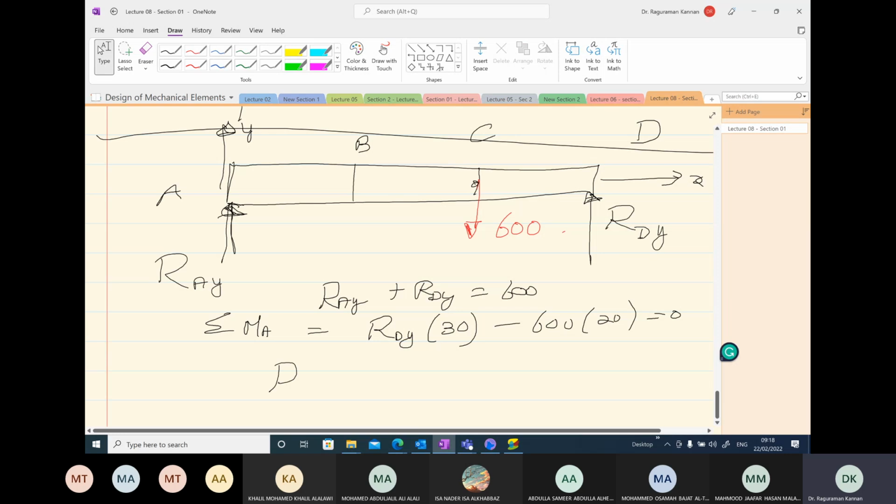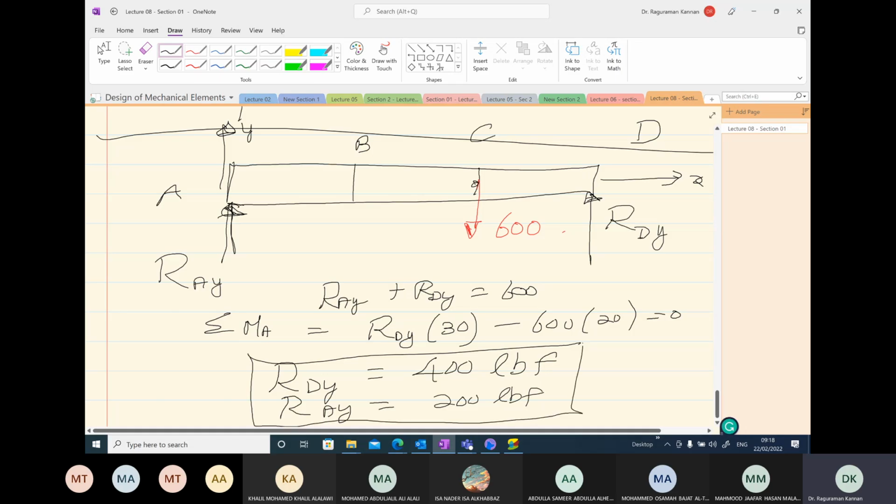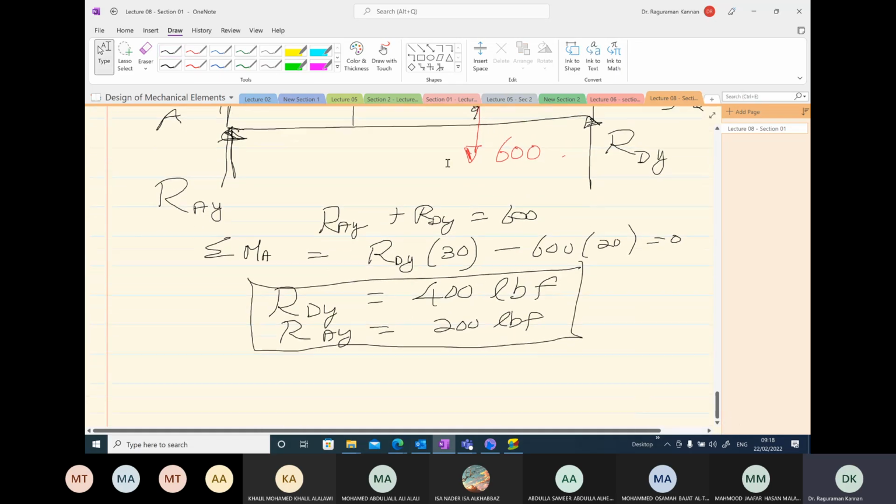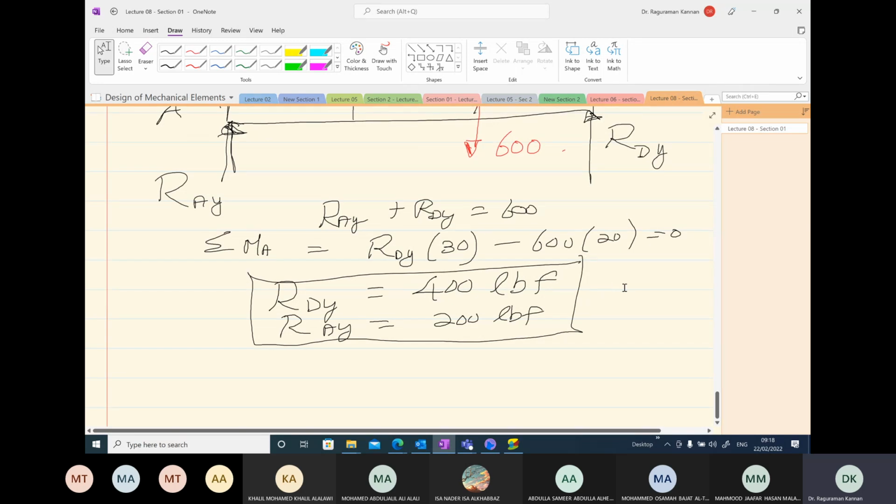Again, we get the reaction force RDY as 20 times 600 divided by 30, which is 400 pound force. Then we have RAY, which we can calculate as 200 pound force from the equations. So once we have the reaction forces, we can calculate the bending moment.